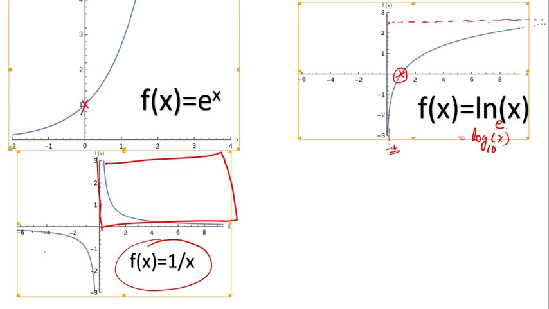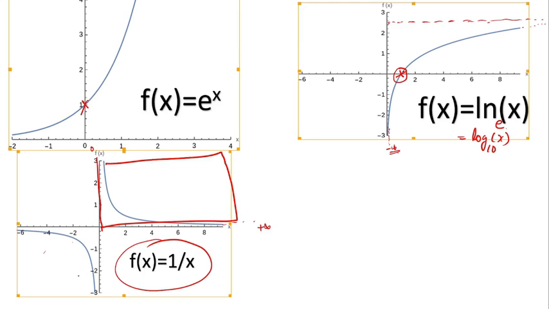This hyperbola touches the x and y axes asymptotically at plus or minus infinities. Here the x-axis will be touched when x tends to plus infinity. Here the y-axis will be touched when x tends to 0, at infinity.